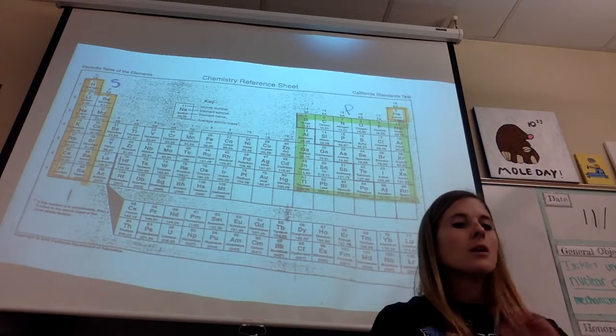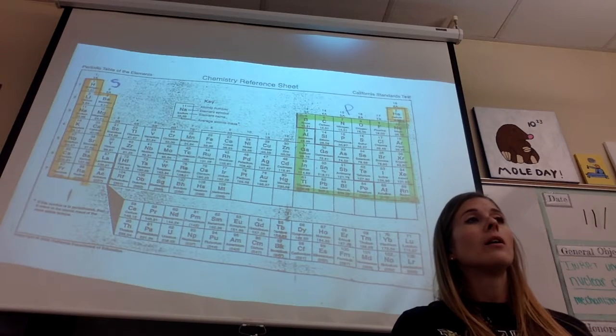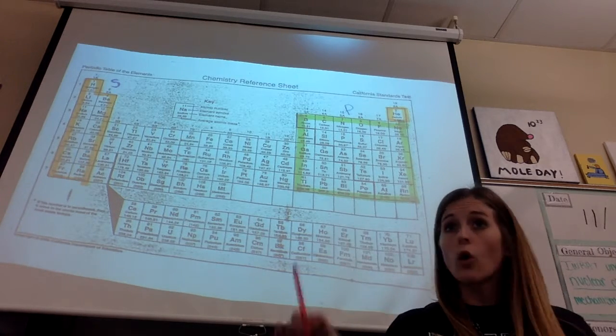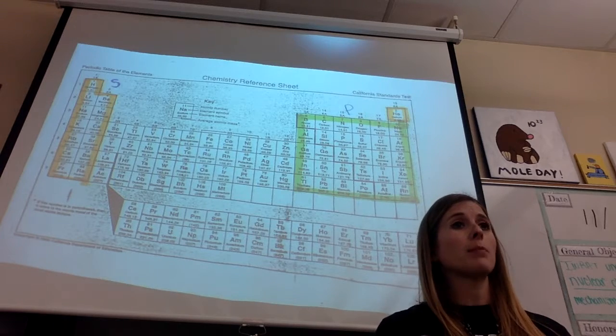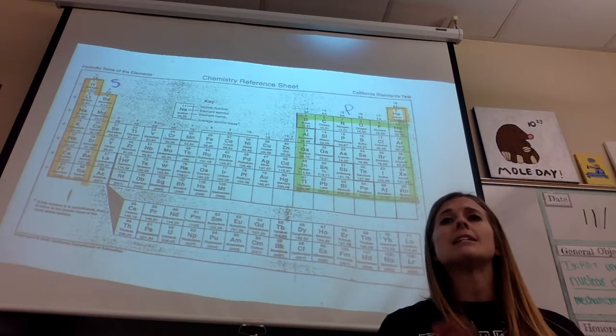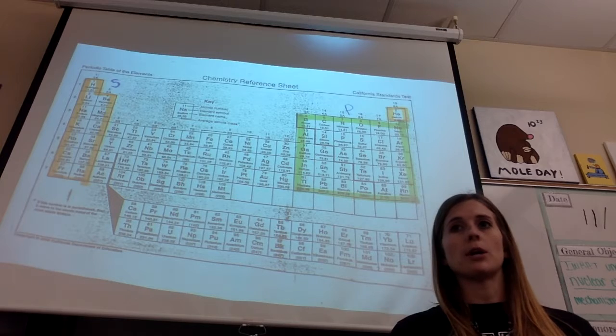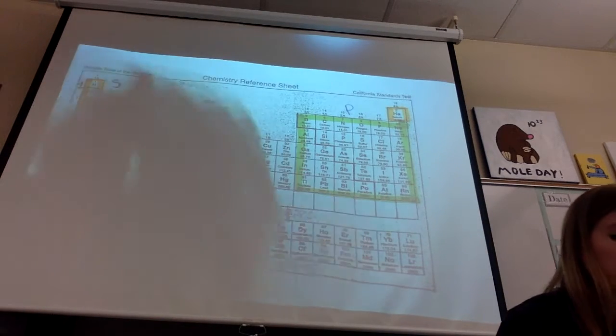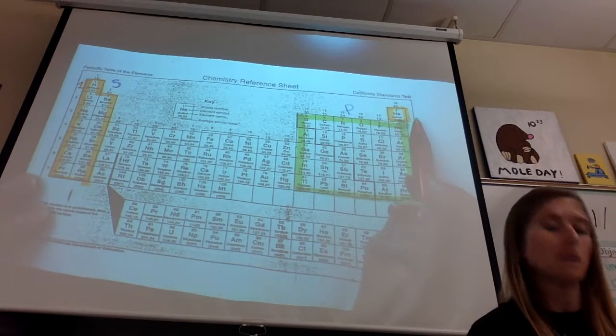What you should also see about the periodic table, that you've already told me about, especially when we were talking about the electron shell model, is that you also see energy levels with the periodic table too. Energy level 1 corresponds with row 1.